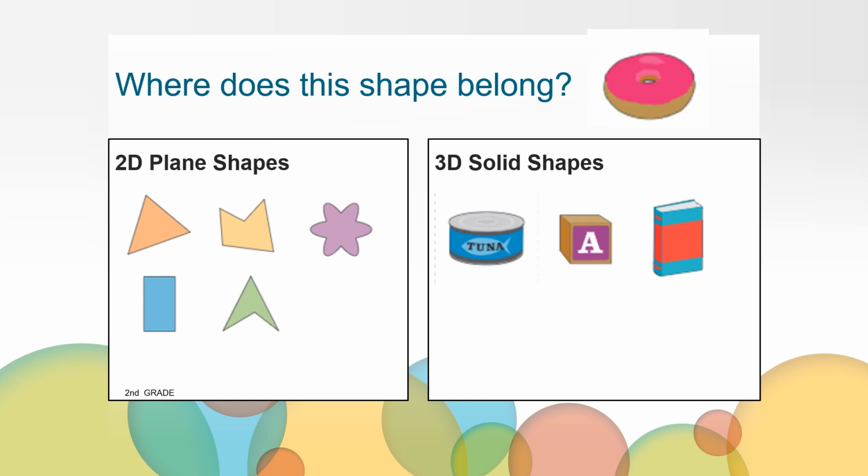Where does this shape belong? Is the donut a plane shape or a solid shape? How do you know? The donut is a solid shape.